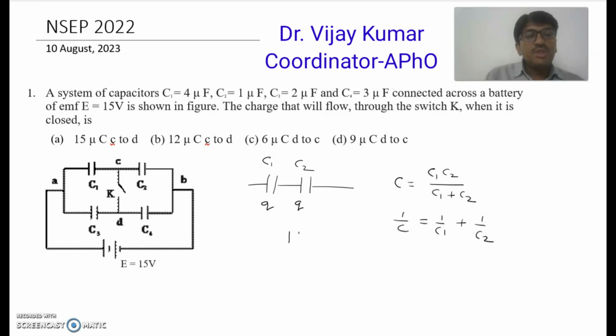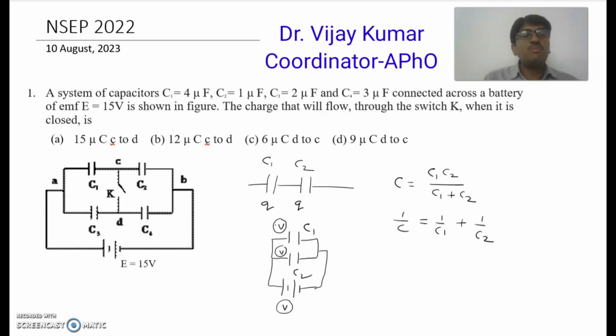And if capacitors C1 and C2 are in parallel, suppose a battery is connected, and the potential difference of the battery is V. Then the potential difference of both capacitors remains the same, as these two capacitors are in parallel, but the charge in both capacitors remains different. This is the concept we use to solve this problem.